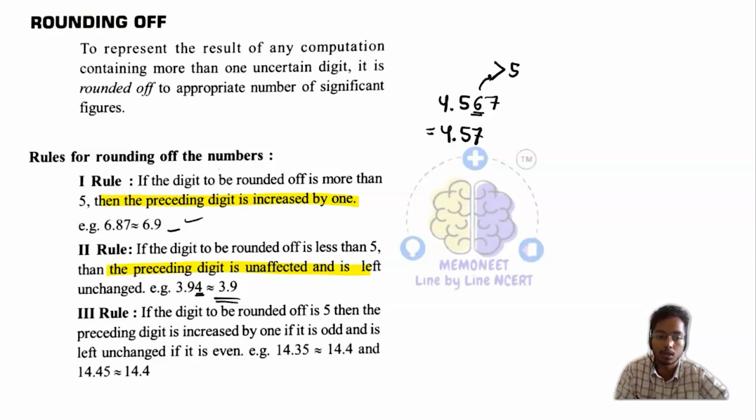Then the third rule: if the digit to be rounded off is 5, then the preceding digit is increased by 1 if it is odd and is left unchanged if it is even.